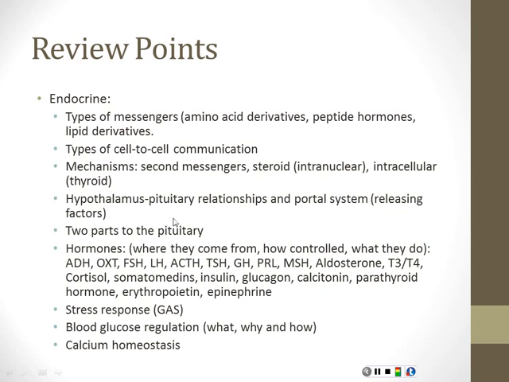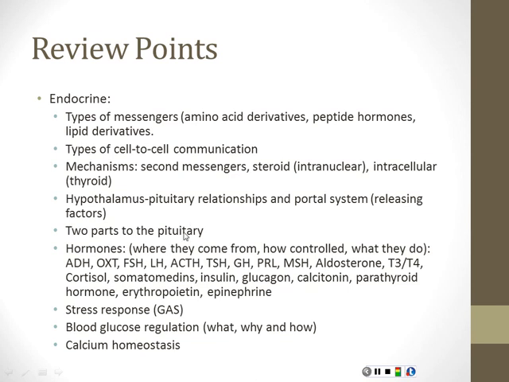All right, we talked about the two parts of the pituitary, the neurohypophysis and the adenohypophysis. So essentially, the back part of the pituitary acts like a bunch of nerves. The front part acts like a gland that produces chemical messengers. So know which comes from what.